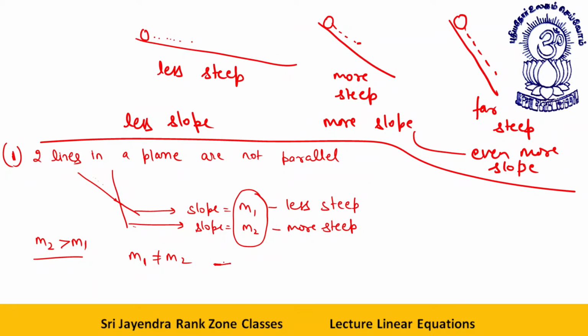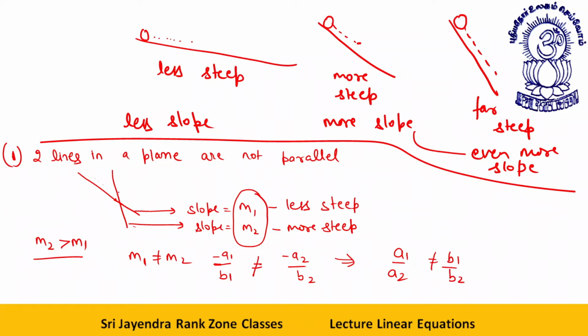M1 is not equal to m2, I will say minus a1 by b1 is not equal to minus a2 by b2. If this is not equal, minus to minus will cancel. This implies a1 by a2 is not equal to b1 by b2.